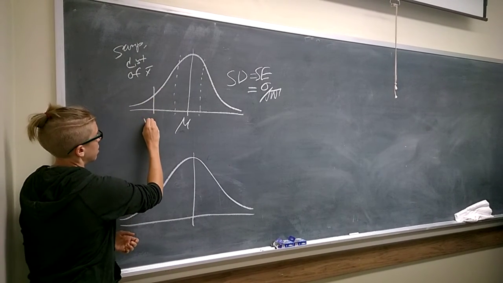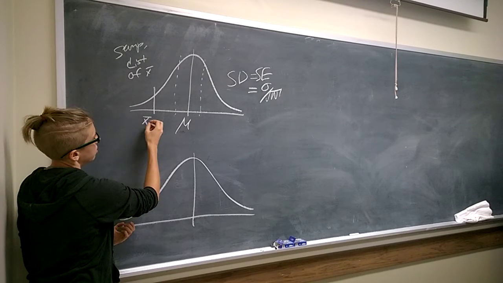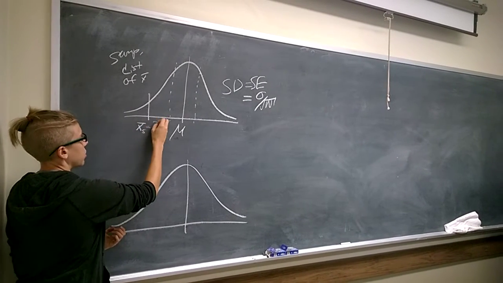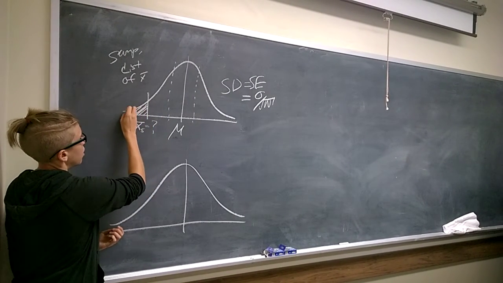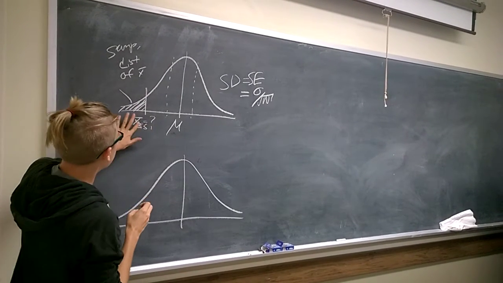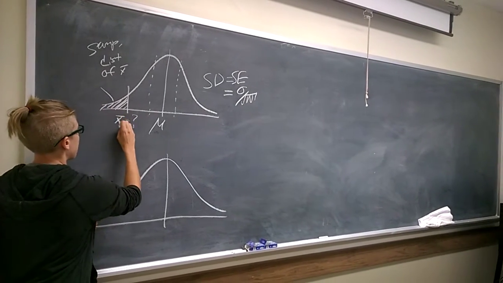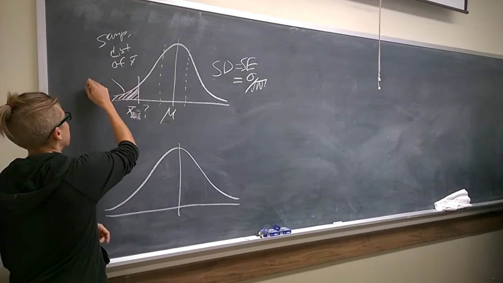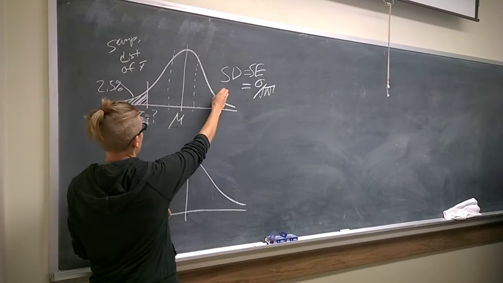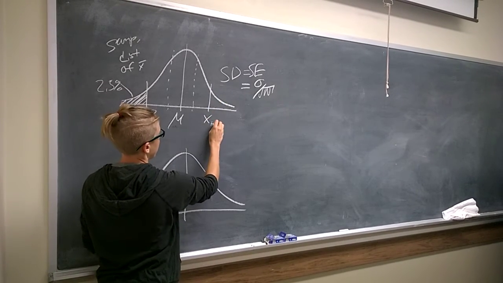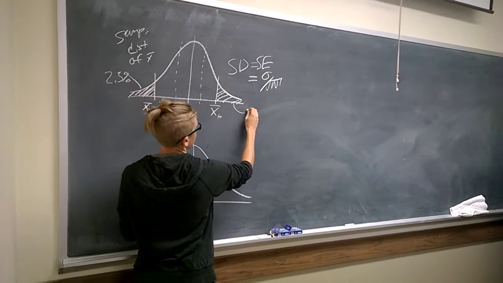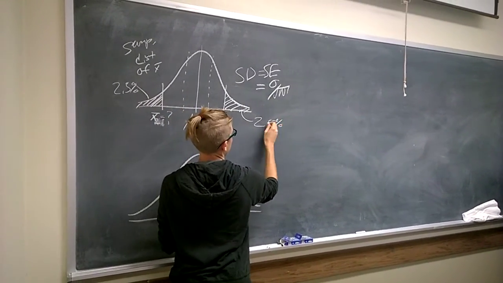So you want to find x bar L, for low, that cuts off 2.5% in the lower tail, and x bar H, for high, that has 2.5% in the upper tail.